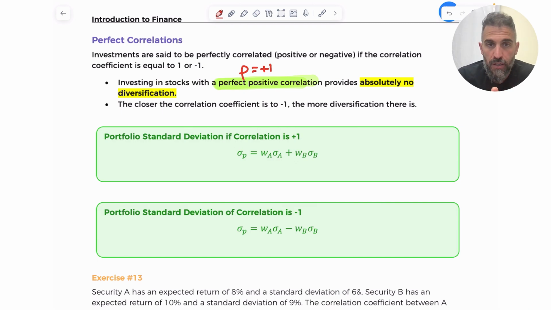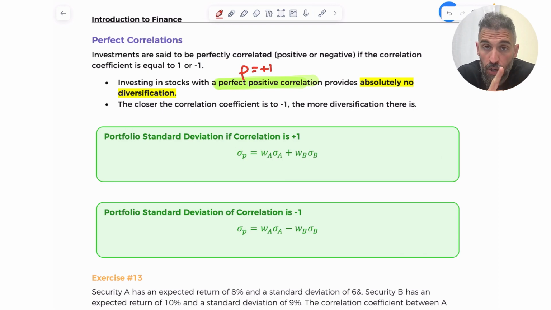But if you pick 2 stocks that have a perfect positive correlation, what that means is if one of them goes up, the other one will go up by exactly the same amount. Meaning, if one goes up 1%, the other will go up 1%. They are perfect replicas of each other. So there would be no diversification if you were to invest in those 2 stocks, because it'll be as if you put your money in one.